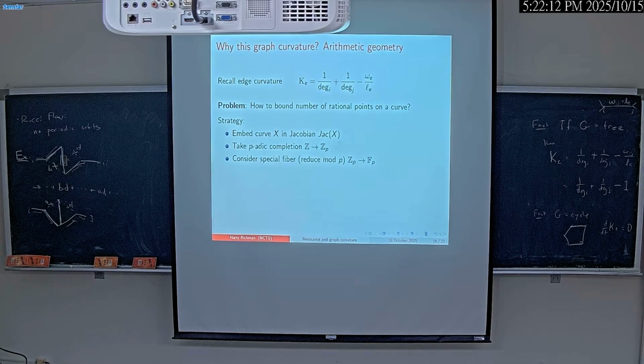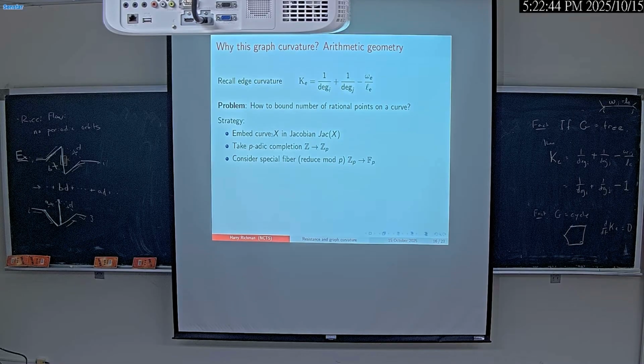For all the different prime numbers, the integers could be completed to the p-adic integers, and you can also do this for the rational numbers. So you can try to understand all of the p-adic points on the curve for all primes p, and also look at the real-valued points or complex-valued points on the curve, and combine all this local information to get a bound at least on the number of rational points. So one tool is using p-adic completion.